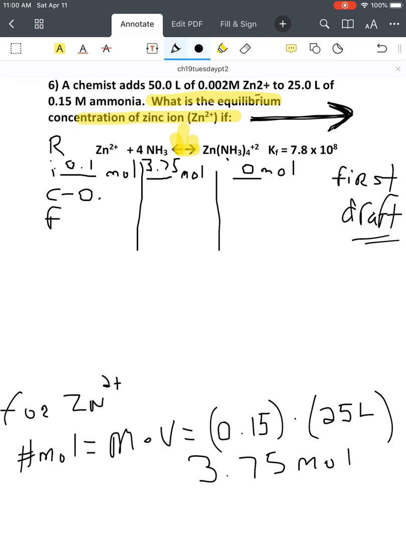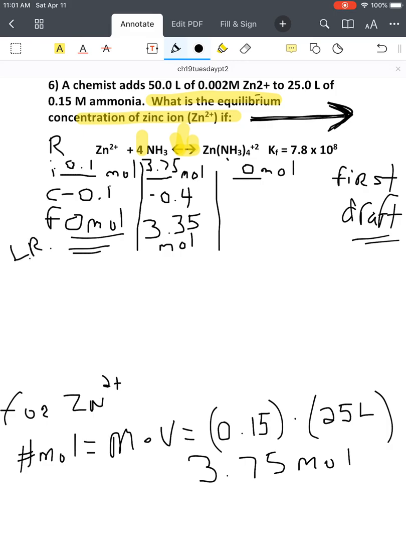So if I do that, I'm going to use up all my zinc. And because it's a 4 to 1 molar ratio in the stoichiometry, I'm going to use up 4 times as much of my ammonia. Now that sounds like a big deal, but because I had so much more ammonia to begin with, I'm still going to have a lot left. So indeed, my limiting reagent in my first approximation is my zinc.